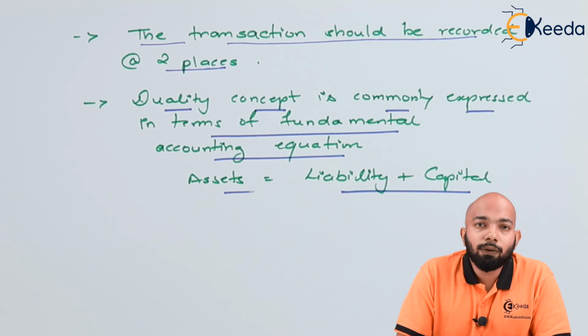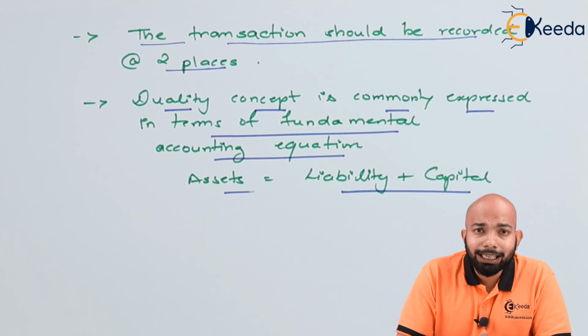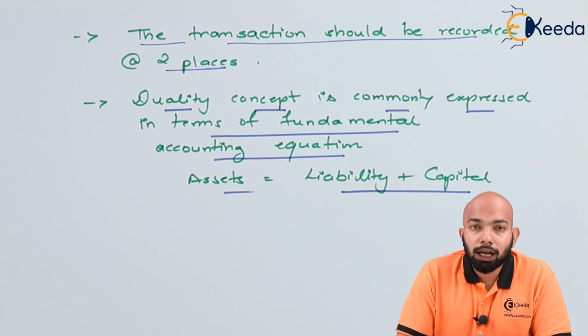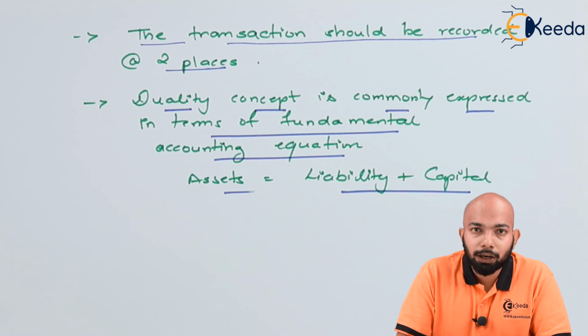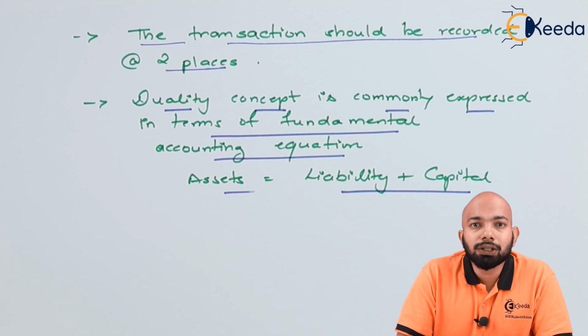Hence you need to have all these details, and the dual aspect concept should be followed along with the double entry bookkeeping system, which will give you accurate details about how many accounts are related to the transaction and what the actual effect of that transaction is on every account that is a part of it. So this is how the dual aspect concept works, and this is how it is closely related to the double entry bookkeeping system.